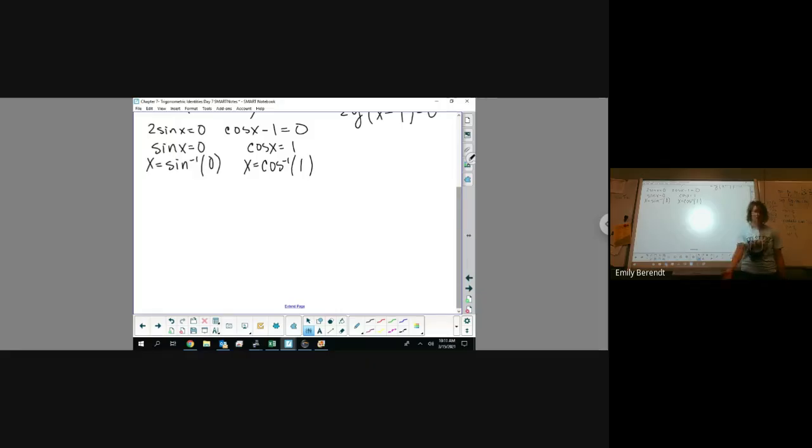All right, so we got to know what it's saying. X represents an angle. So this one says, what angle has a, which value are we working with here? X or Y over X? A Y, because it's sine. Which angle has a Y value of 0?